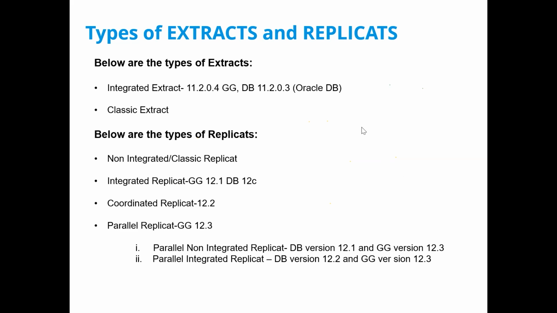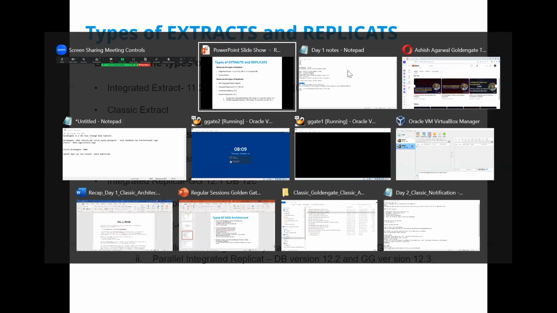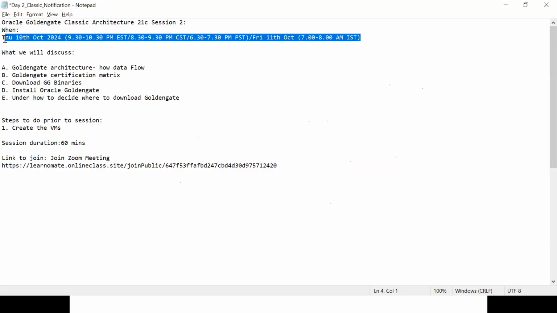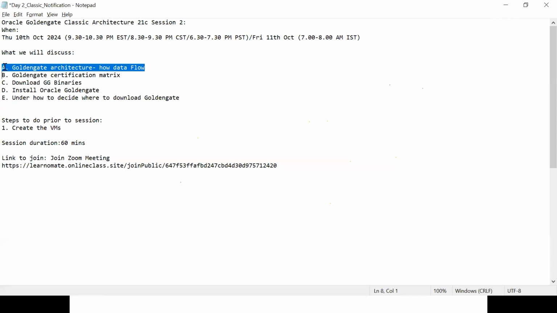Okay. So this is about the session. We'll be continuing from here in the next session. The new session is conducted tomorrow. As per Eastern time, it is 9:30 p.m., and as per Indian time, it is 7 to 8 a.m. In the next session, we'll discuss Golden Gate architecture and how data flow happens.